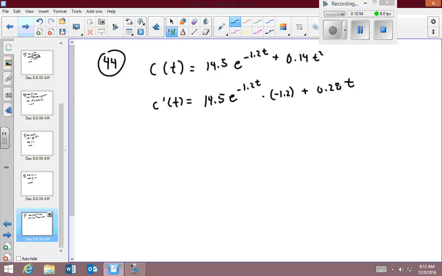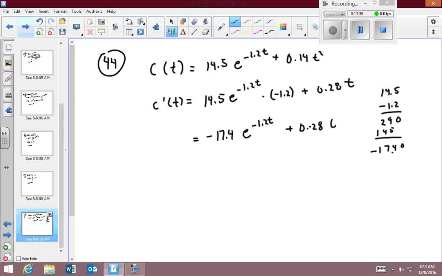Okay, so I suppose we should take this 14.5 times the negative 1.2, which is negative 17.4, and make it negative 17.4 e to the negative 1.2t plus 0.28t.